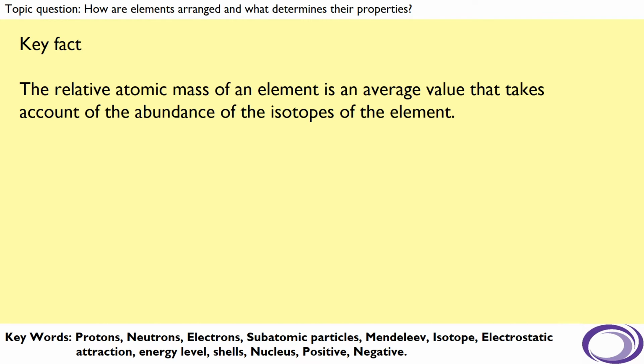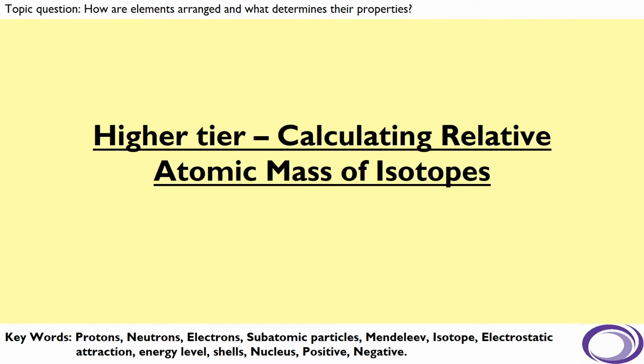Now it's worth adding here that the atomic mass you see on the periodic table is actually an average value, and that takes into account the abundance of the different isotopes of that element. For higher tier, you could be asked to calculate the relative atomic mass of isotopes.